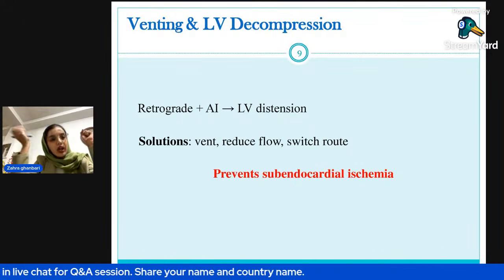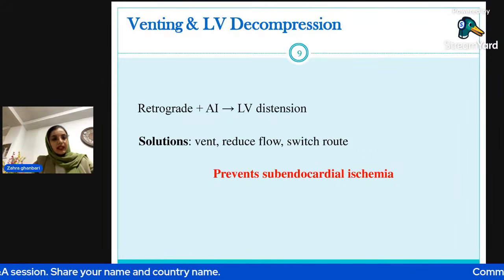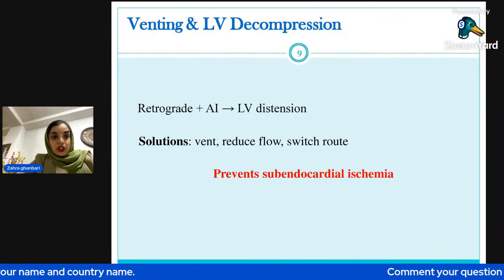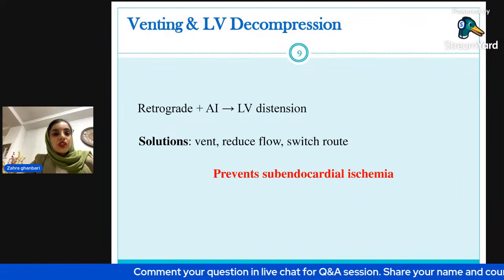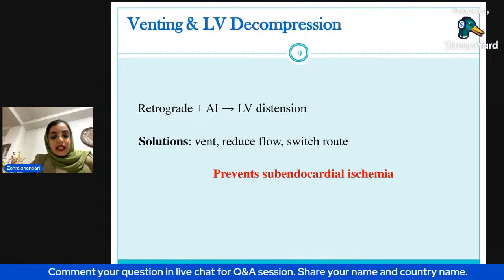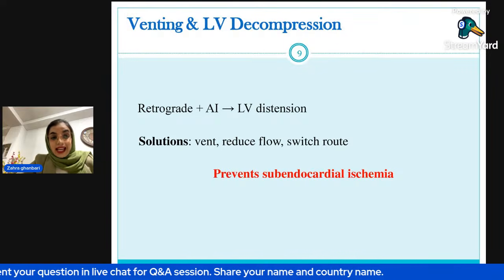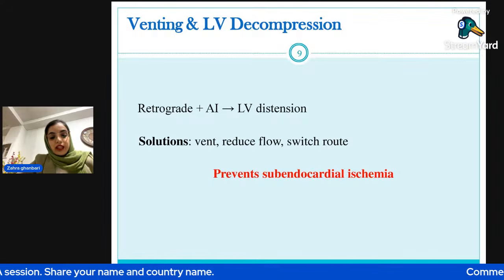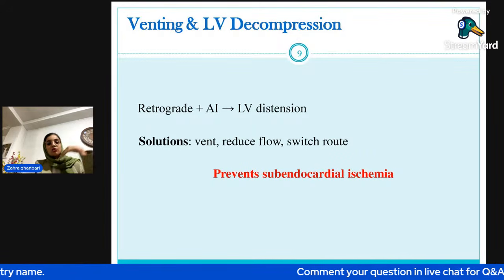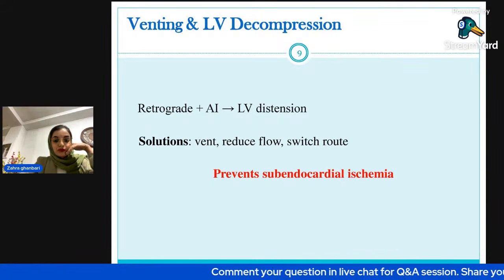Distension reduces cardioplegia delivery to the subendocardium and increases the risk of ischemia. So the solution for this problem is to insert a vent catheter to drain excess blood and reduce retrograde flow, and we can change to antegrade perfusion. So go to the next slide, please.